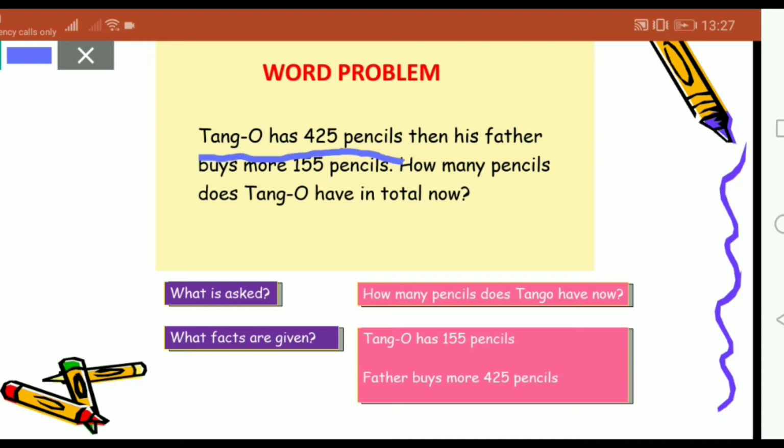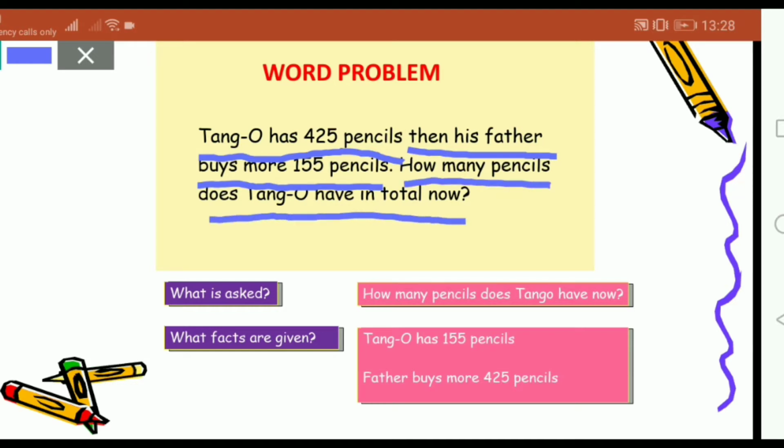Tang O has 425 pencils. And then his father buys 155 more pencils. How many pencils does Tang O have in total now?